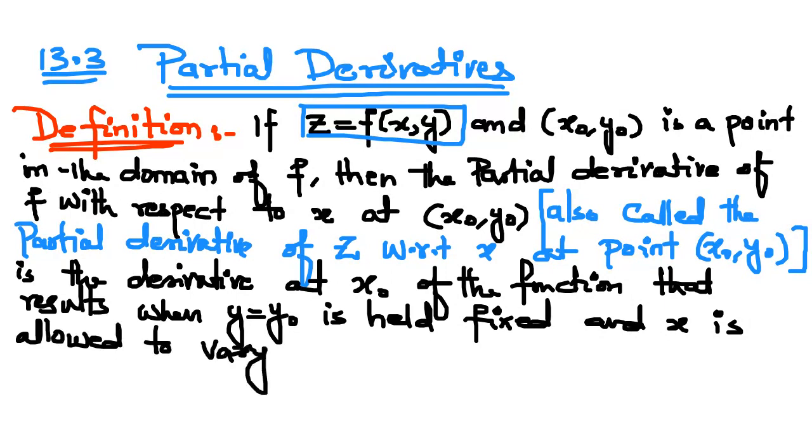So that means you have to treat y as a constant because it is fixed, and x is the varying variable.